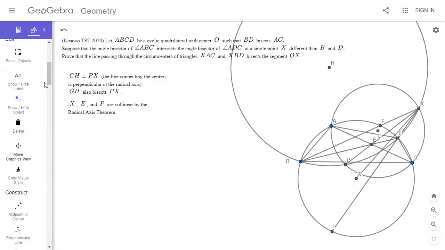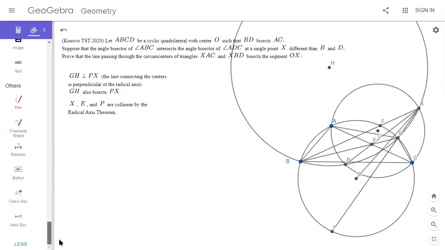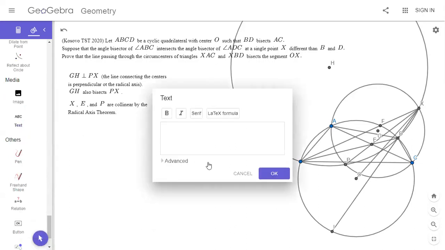So I is the midpoint of arc ABC. F is the midpoint of arc ABC. All right.